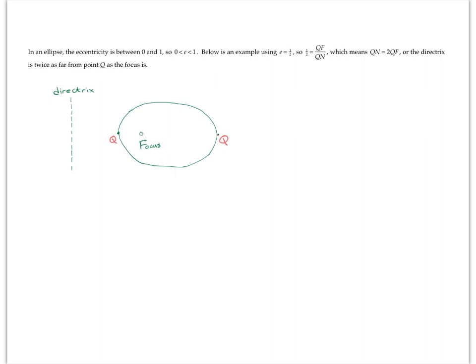Now, one interesting thing about ellipses that has to do with real life is that the orbit of, let's say, a planet around the sun, or the moon around the earth, etc., is an ellipse. Now, that's not entirely true because planets interact with each other, and therefore it's going to be a little bit wobbly.